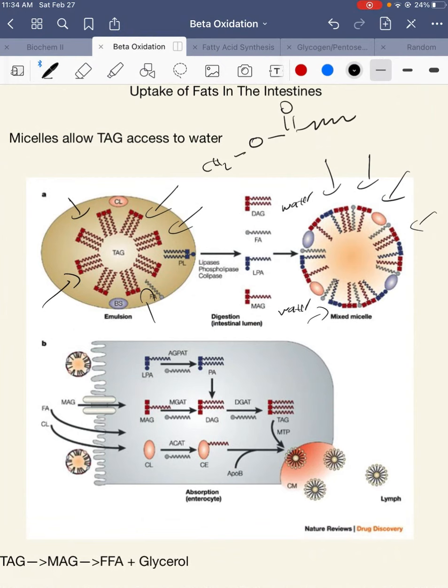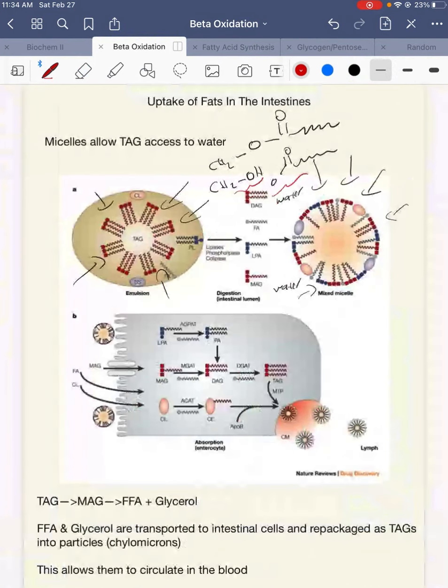The bile comes in, emulsifies it, and then the lipases come in, and what they do is they create this hydroxyl group on the glycerol, and they create carboxylic acid on the fatty acid group. So we create these two polar groups that allow them to be transported into the intestine cells.